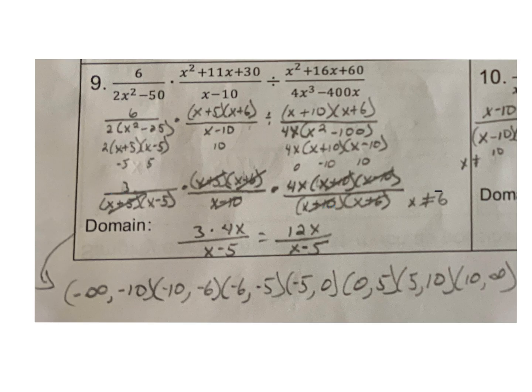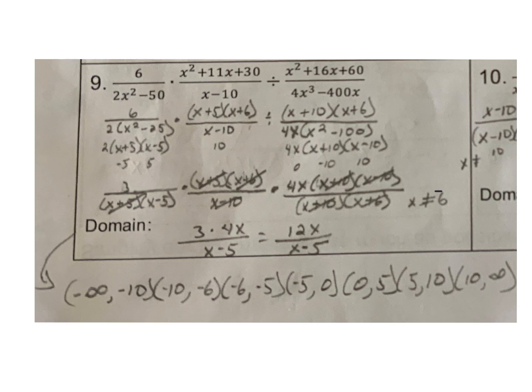All we have left is 3 times 4x, which is 12x, and then the denominator x minus 5. So that's actually our simplified expression. But our domain considers all of these input values that would create holes, or errors or asymptotes. So this is all of them right here.